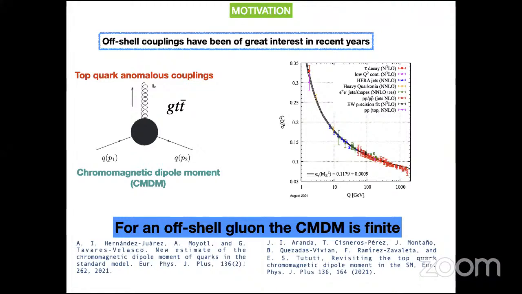In this case, we can work in a perturbative limit because we can study this observable at, for example, energies of the Z boson mass, and at that level the QCD coupling constant is very low, and we can study it through perturbative theory.